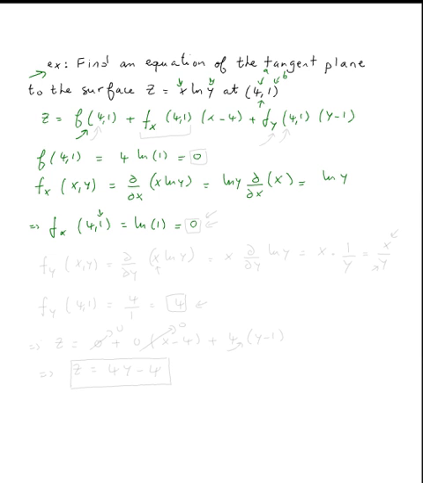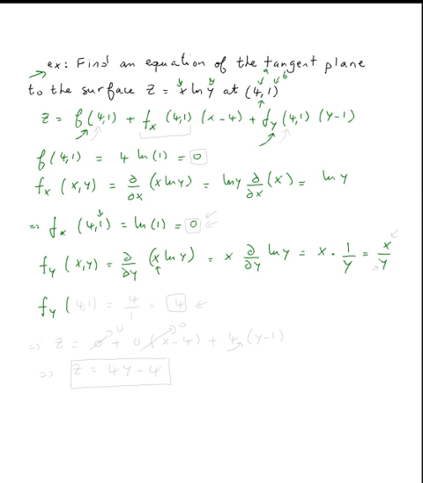So what else? Next thing, we need to find partial derivative with respect to y at 4, 1. So again, partial with respect to y at any xy is equal partial with respect to y of our function x ln y. Now x is constant, take it outside, so x times partial with respect to y of ln y, which is x times 1 over y, so this is going to be x over y.